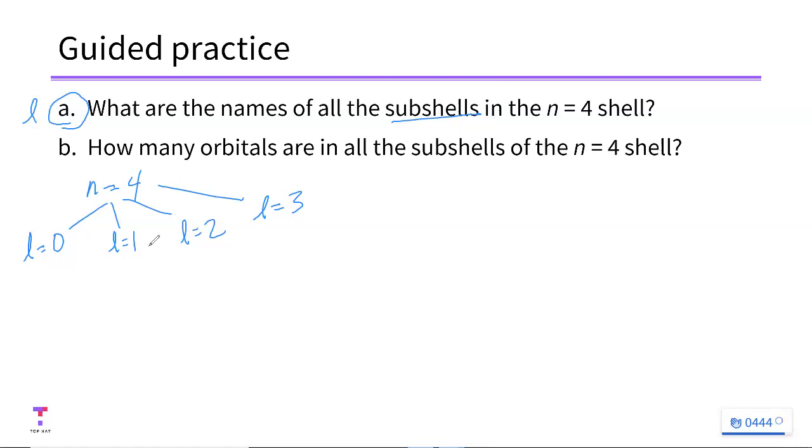Those subshells correspond to S, P, D, and F. Those are the names of the individual subshells. They give us the spherical shaped orbitals, the dumbbell shaped orbitals, the cloverleaf shaped orbitals, and the F orbitals, which have a variety of different shapes.